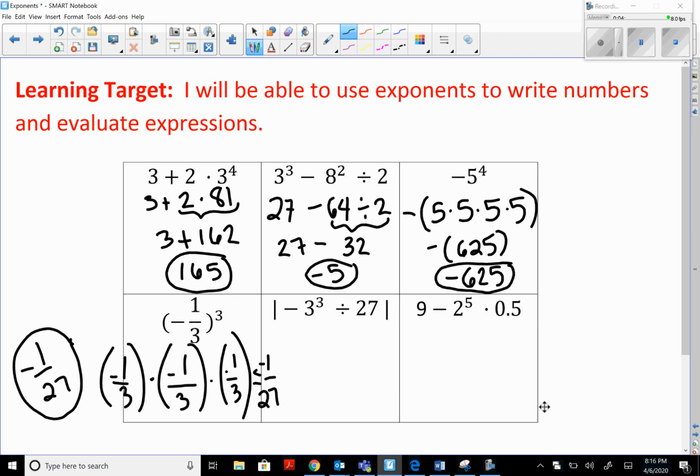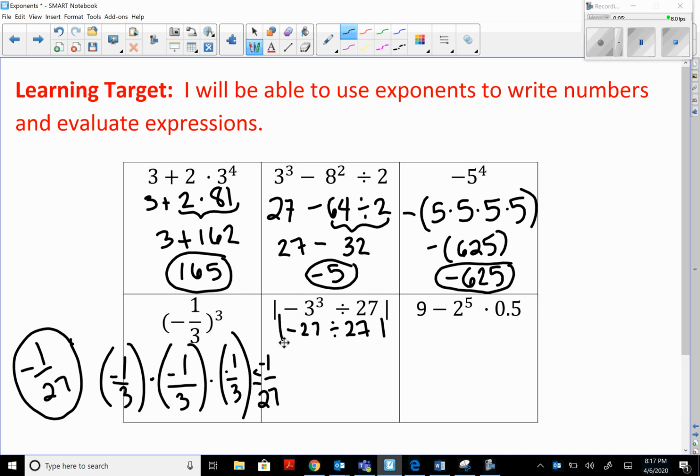All right, so let's follow order of operations. 3 to the 3rd power is 3 times 3 times 3, which is 27. But then we have this negative here, the opposite of that. So because 3 to the 3rd power is a positive 27, but I've got that opposite, it becomes -27.